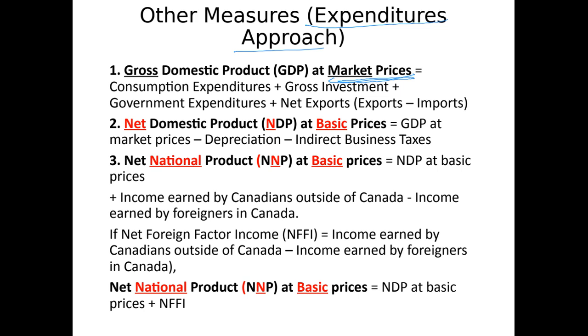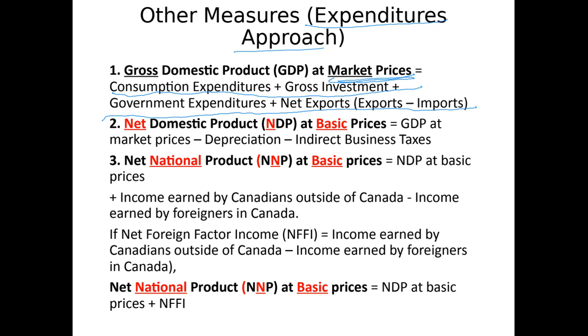So using the expenditure approach, if I want to calculate GDP, I just add these four expenditure categories. That is consumption expenditures, gross investment, government expenditures, and net exports. That is exports minus imports.